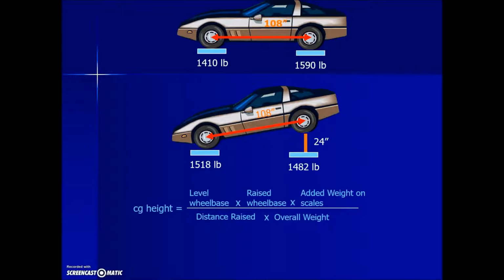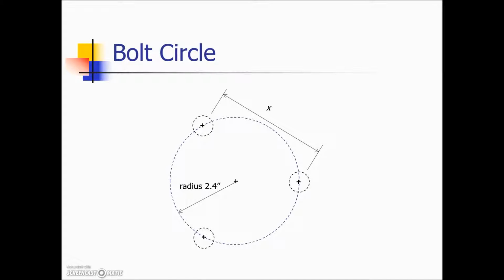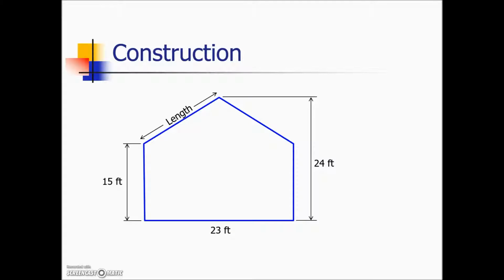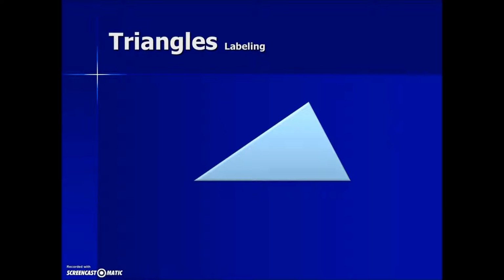In the automotive industry, when we're looking for center of gravity height, triangles show up. In construction and or metal fabrication, and building trades. So first thing we're going to take a look at is labeling triangles.